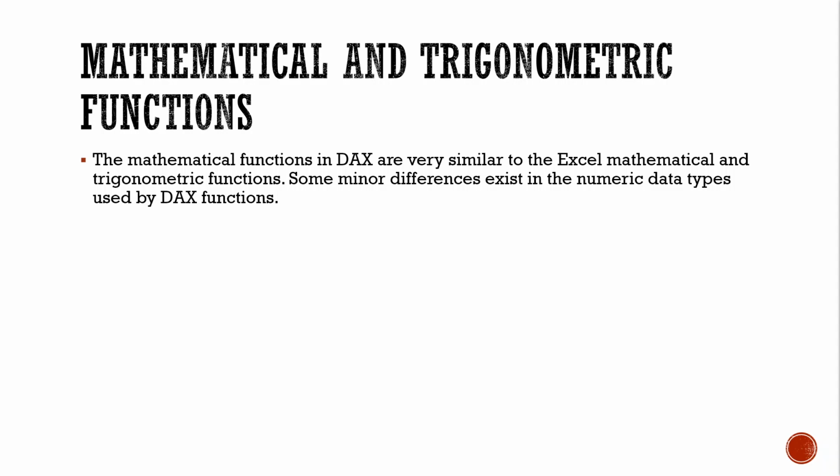DAX also performs these kinds of functions, just like the Excel mathematical and trigonometric functions. Some minor differences exist in the numeric data types used by DAX functions. This includes the sine, cosine, SOHCAHTOA, or the cosecant, cotangent, and tangent, so all the trigonometric functions and formulas.